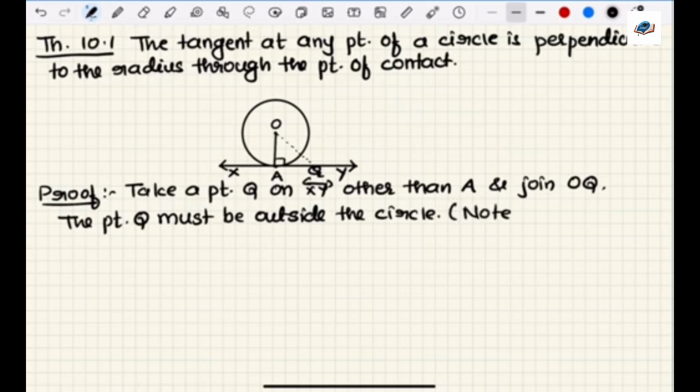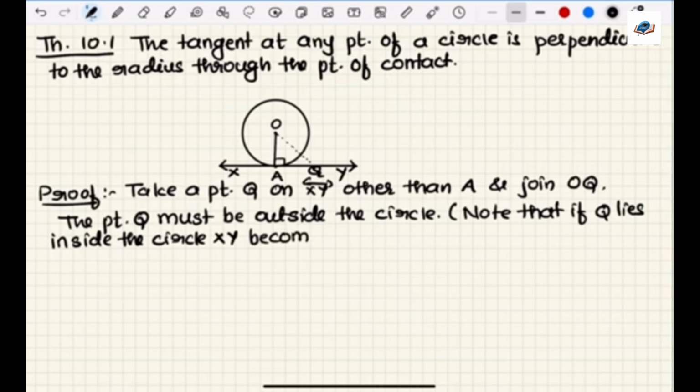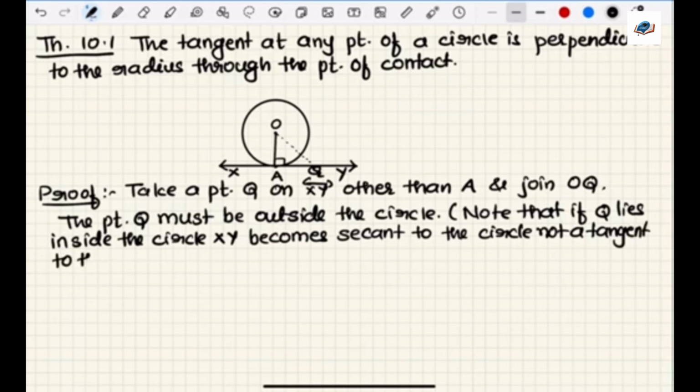Here to note that if Q lies inside the circle, XY becomes a secant to the circle, because then it will touch the circle at 2 points, so it will be a secant to the circle, not a tangent to the circle.